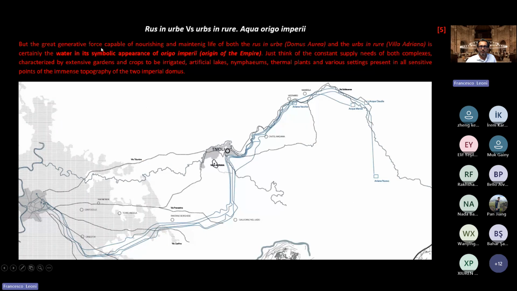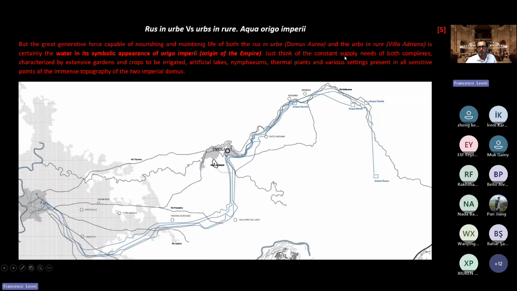But the great generative force capable of nourishing and maintaining life of both of the Rus in Urbe, of the countryside in the city, Domus Aurea, and the city in the countryside, Villa Adriana, is certainly the water in its symbolic appearance of origin of the empire.